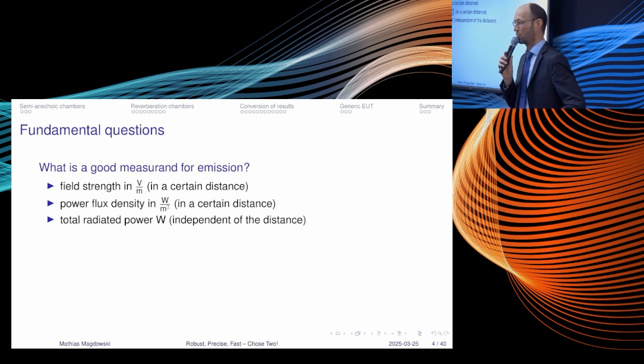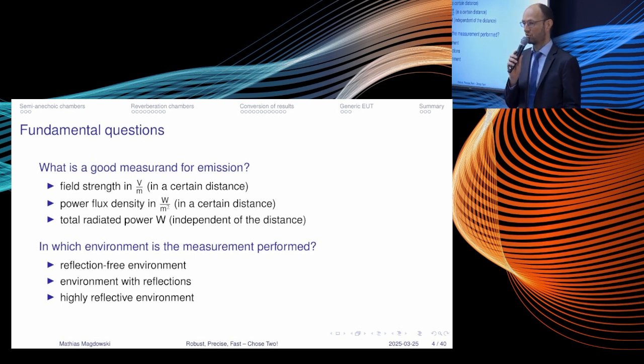Or is it total radiated power, as is, for example, measured in reverb chambers? And another question is, what is a good replica of real life? Is it really the perfect anechoic environment, totally free of reflections, or maybe just this one reflection from the ground? Or is it an environment with high reflections?